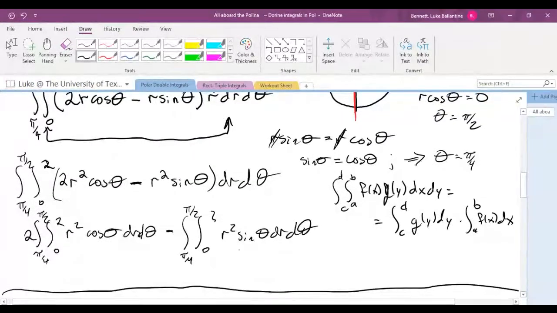So we have the same thing going on. We have separate functions of r and theta over some rectangle, so we can just do the product of separate single integrals. Well, actually four separate single integrals, because we have two terms. So that's what we're going to do.